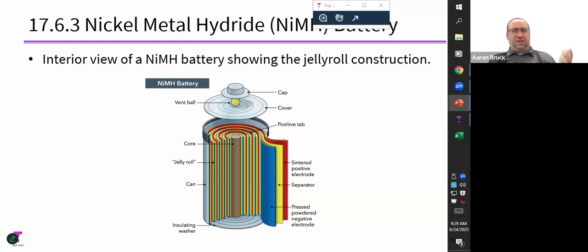It's a place for the medium to go. The difference here, again, is we've got the vent valve here that's open to the atmosphere to allow the input and output of hydrogen and oxygen and whatever other gases are necessary.